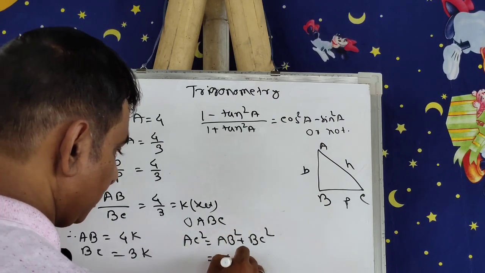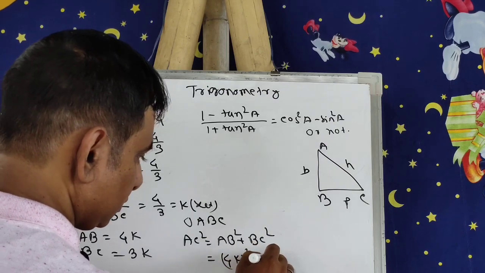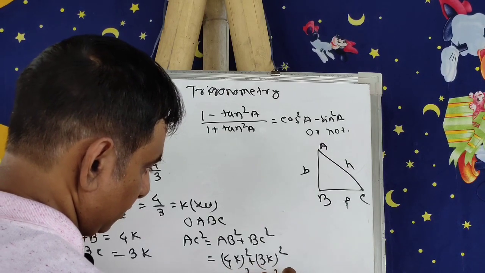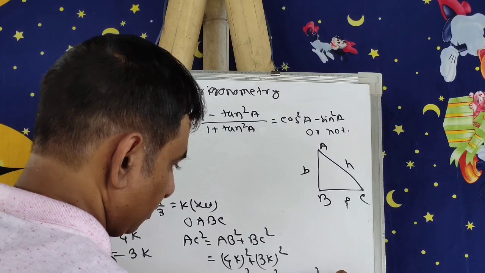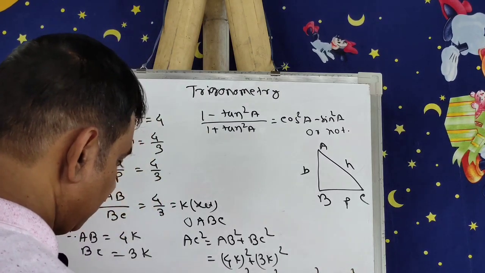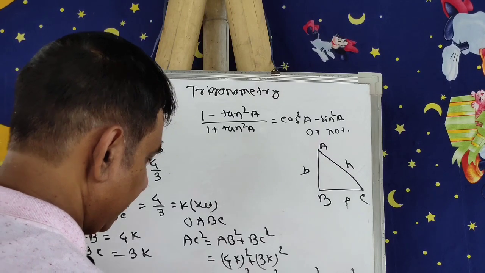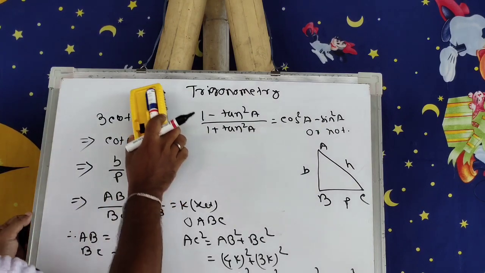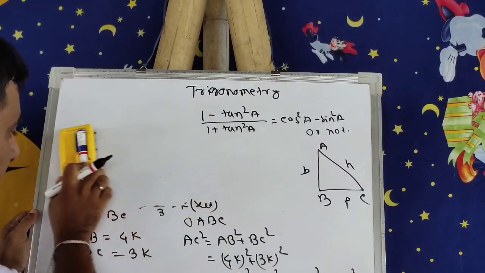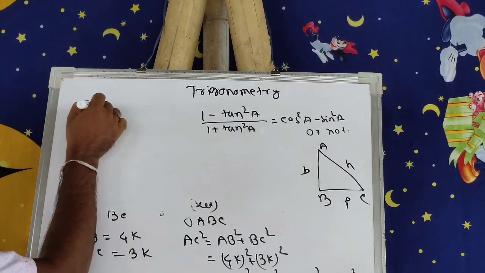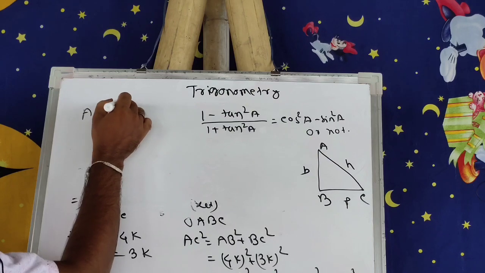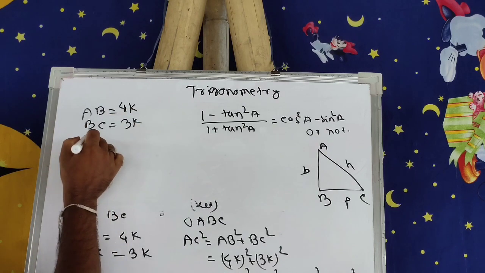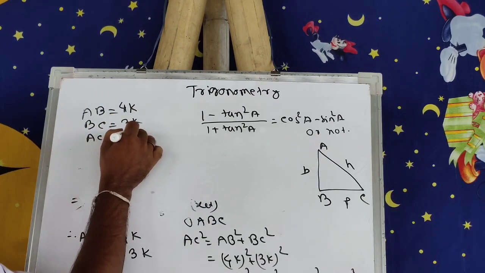So AB means 4K whole square plus 3K whole square equal to 16K square plus 9K square is equal to 25K square is equal to 5K whole square. Therefore AC equal to 5K. Now you have calculated AB equal to 4K, BC equal to 3K and AC equal to 5K.